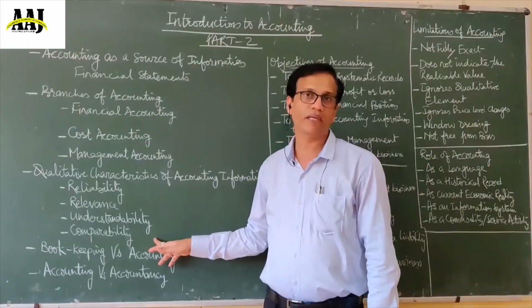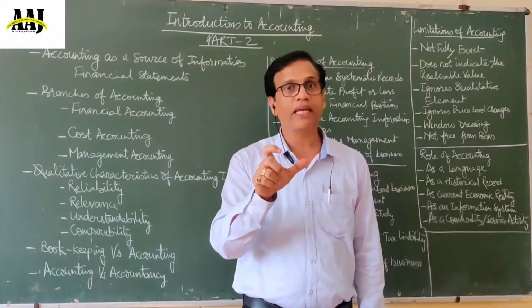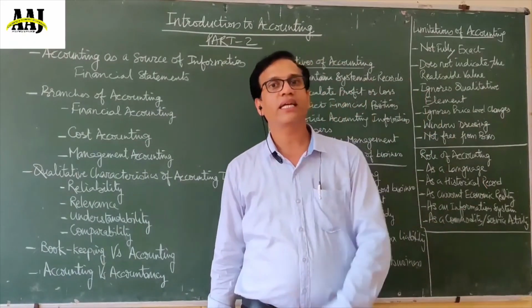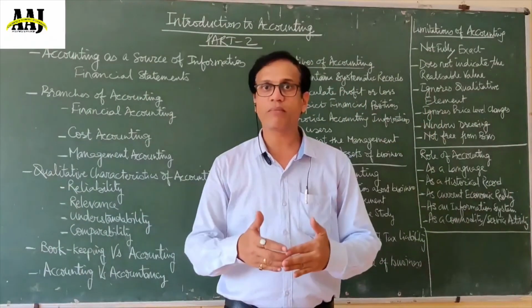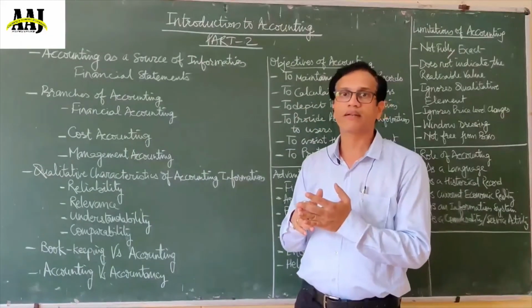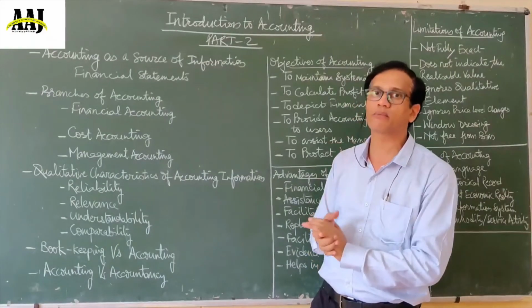So it should be comparable in such a way that it helps in making both types of comparison, intra-firm as well as inter-firm. That means the user may be from within the organization and he wants to compare the performance of two particular departments of a particular business.